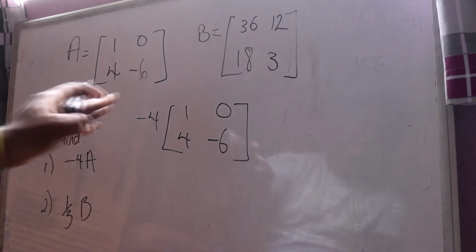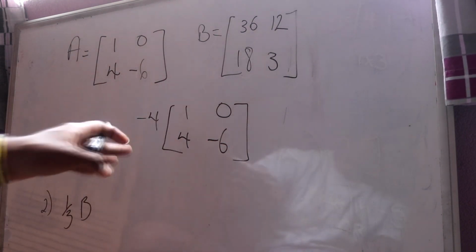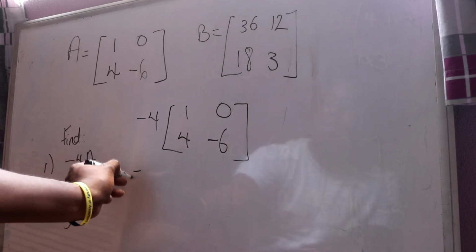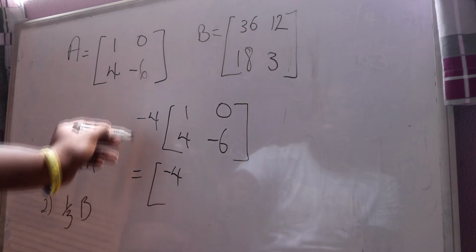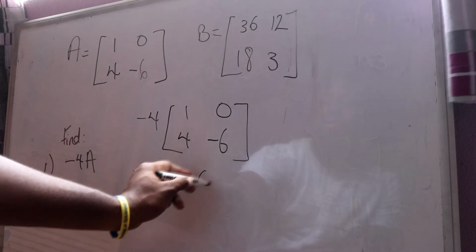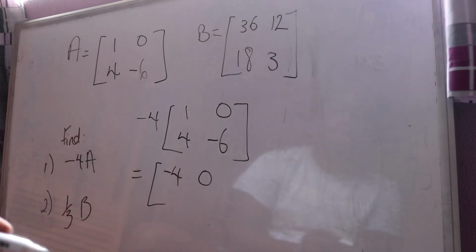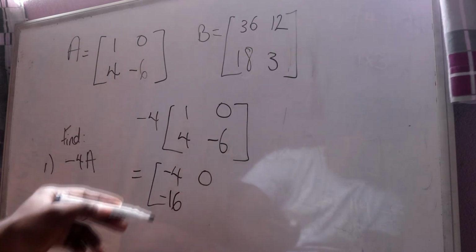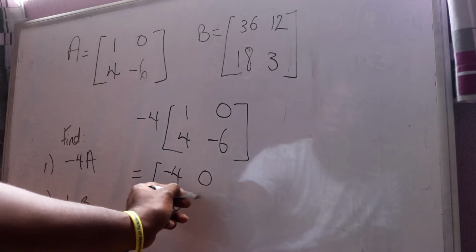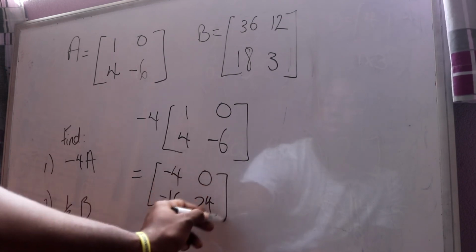So we're multiplying every element in matrix A by negative 4. Negative 4 by 1 will give you negative 4. Negative 4 by 0 will give you 0. Negative 4 by 4 will give you negative 16. Negative 4 by negative 6 will give you positive 24.